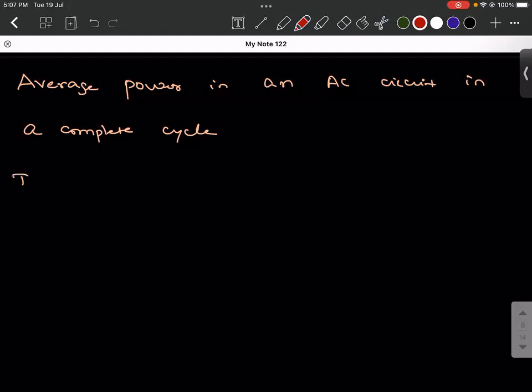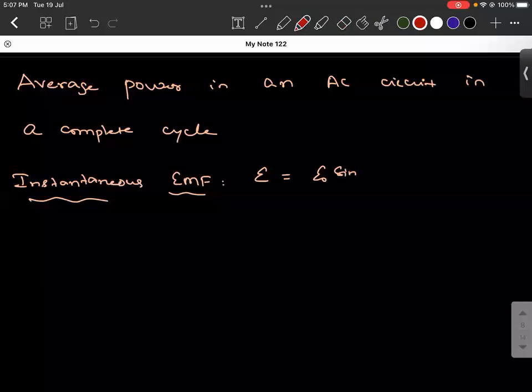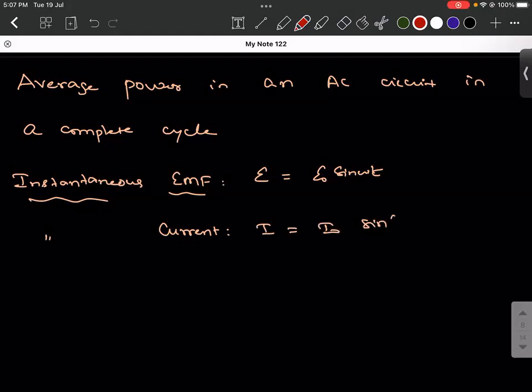So we know that the instantaneous EMF is E equals E naught sine omega t. What about the instantaneous current? I is given as I naught sine of omega t plus phi.